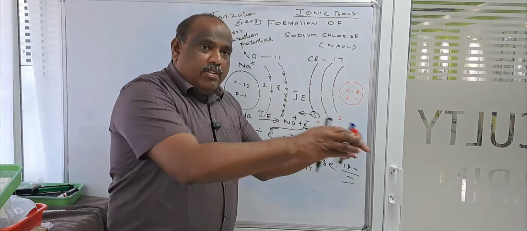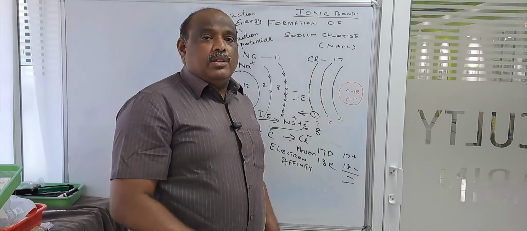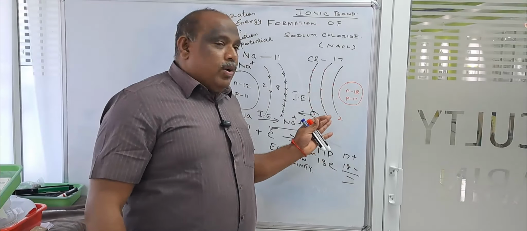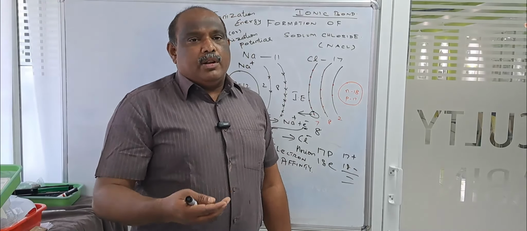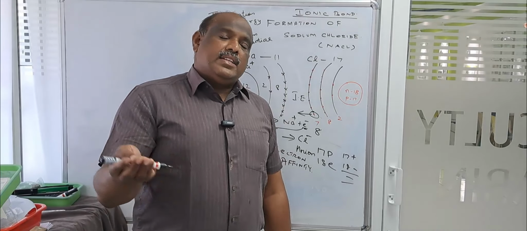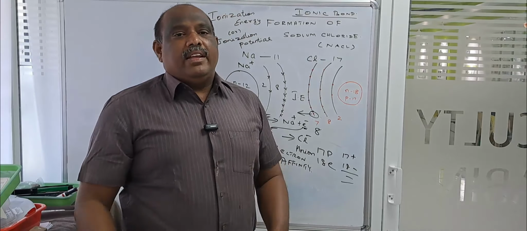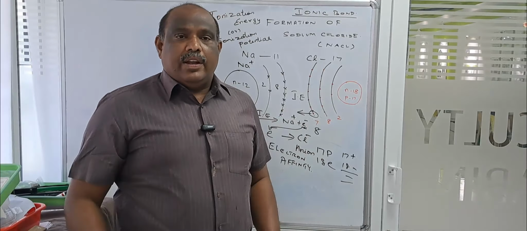Whether this chlorine is ready to give away the electron? No. We have to supply more amount of energy as compared to sodium. Sodium will be completely ready to give the electron. But chlorine needs only one electron to become what? Stable. At that time, whether it will be able to lose one electron? No. So the ionization energy of chlorine will be very, very high. Whereas it will be happy to give energy when it's going to gain one electron.